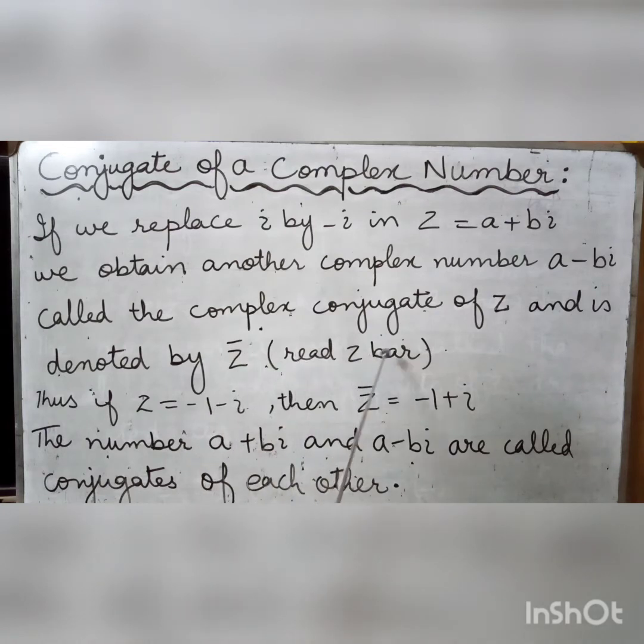Thus, if z is equal to -1 minus iota, then z bar is equal to -1 plus iota. This minus sign becomes positive when we use bar on it. The numbers a plus b iota and a minus b iota are called conjugates of each other.